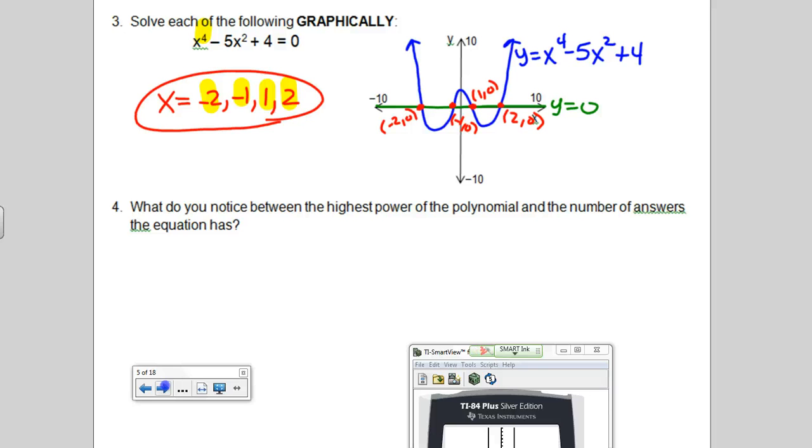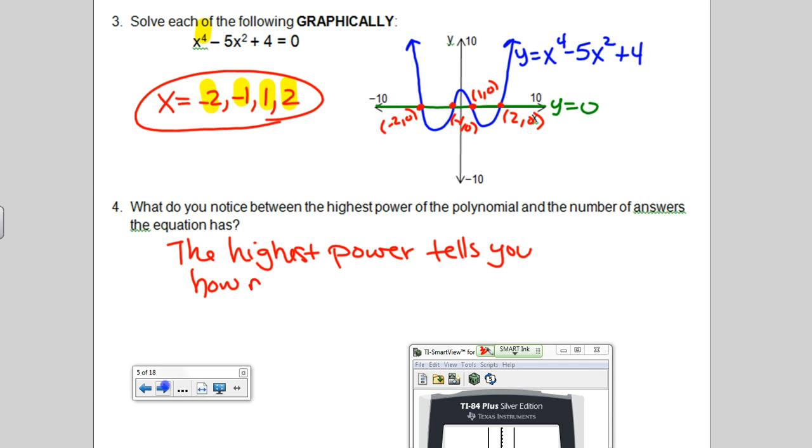So the relationship is the highest power tells you how many answers to expect, or how many answers it has. Let's say it that way.